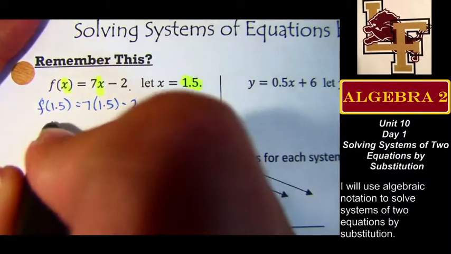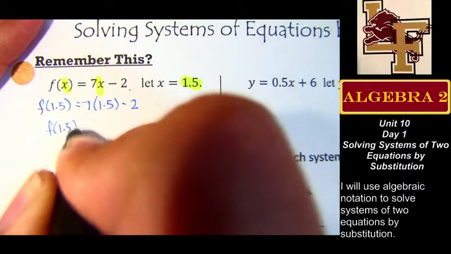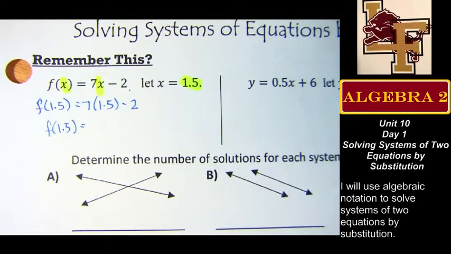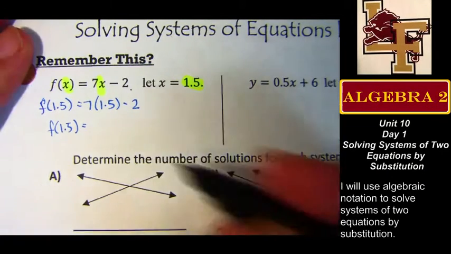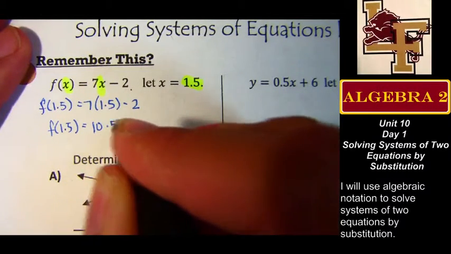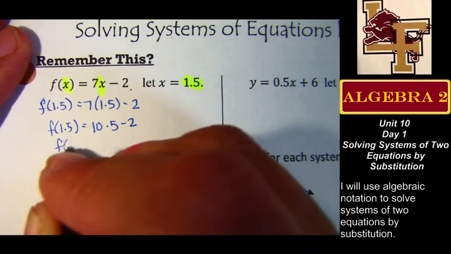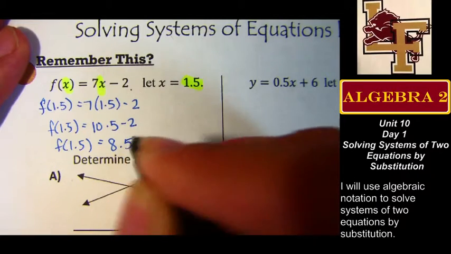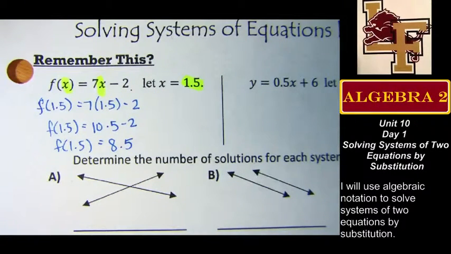Help me out with the multiplication. It's 10.5. And 10.5 minus 2, I think it's correct.